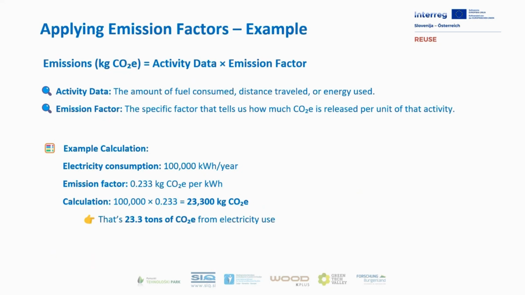For short haul flights, the factor is around 0.255 kilograms of CO2 per passenger kilometer. Rail travel, by contrast, is much more efficient, with only 0.041 kilograms of CO2 per passenger kilometer.